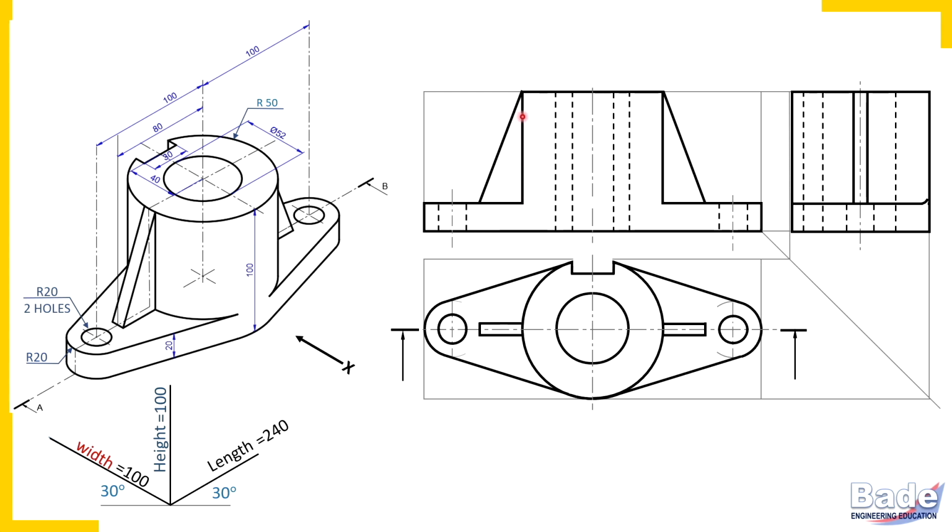So should we erase this line? No. Now why not? Try to understand. But before that, watch this line also. Is it the boundary between triangular plate and the base plate? Yes. Tell me whether we should erase this line? No. Now try to understand again.